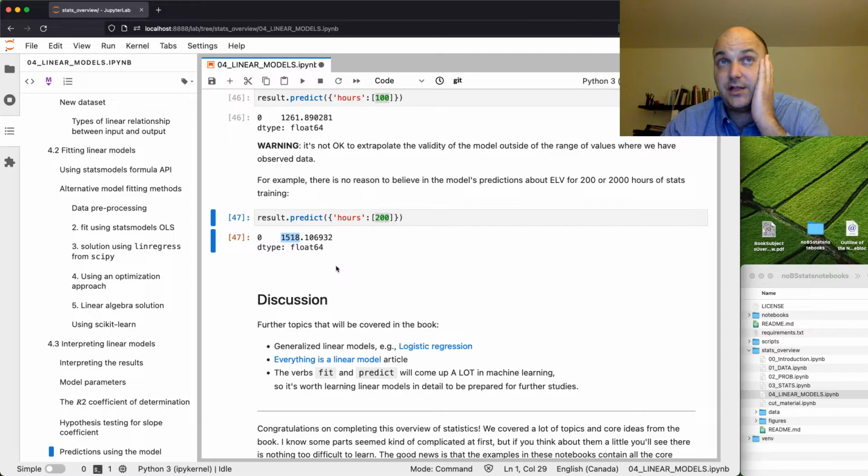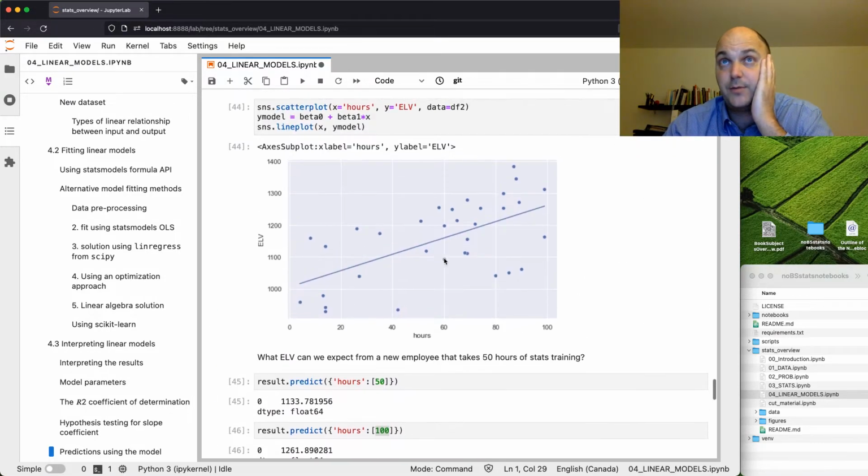But this is not allowed. Don't do that. The model is just a summary of the data, and all the data we have so far has only been tested up to 100 hours of statistical training. So asking the model for a prediction over here at 200, we don't know.